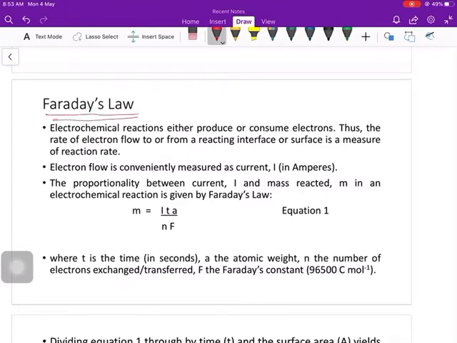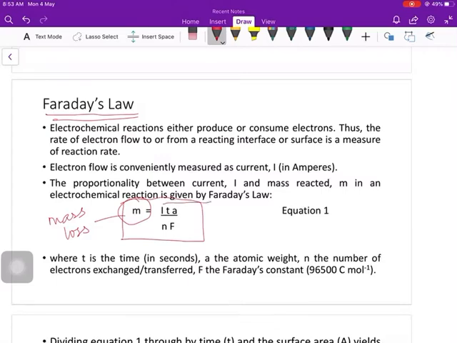So the first equation involves Faraday's law. Alright, so there is the Faraday constant in this formula. So here you are going to check how much mass of metal will react with this environment, or the mass loss. Okay, this is the mass loss.